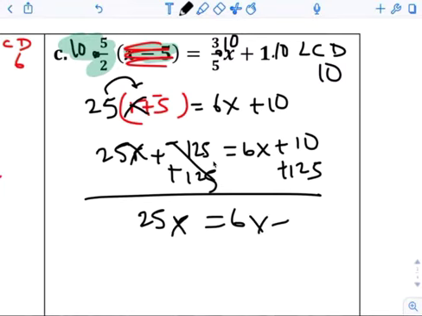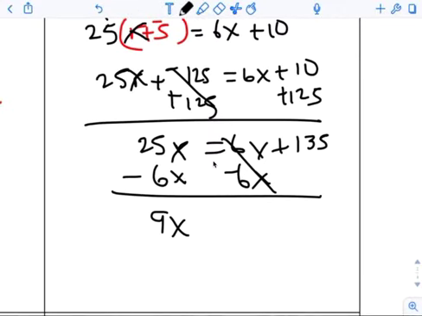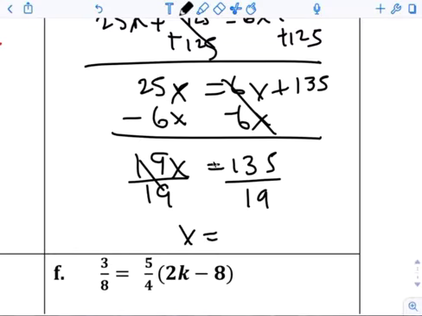Plus 135, minus 6x, minus 6x, 19x equals 135. Divide by 19. X equals 135 over 19.